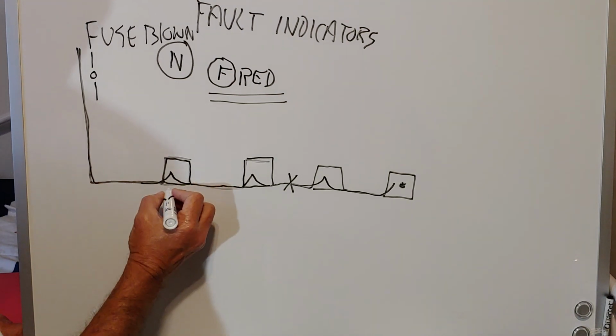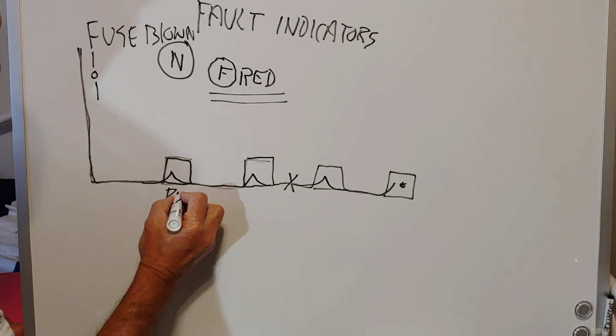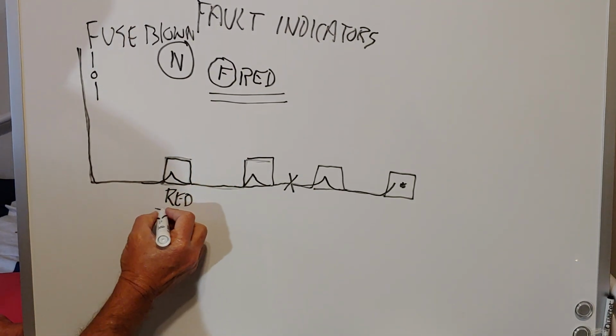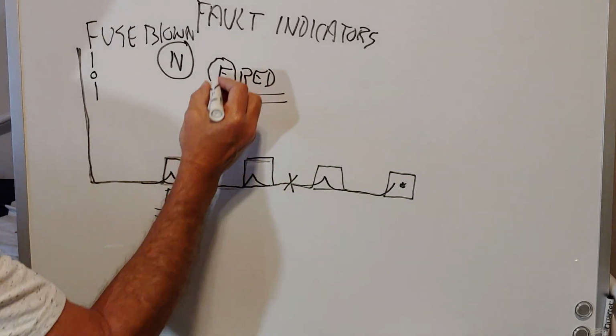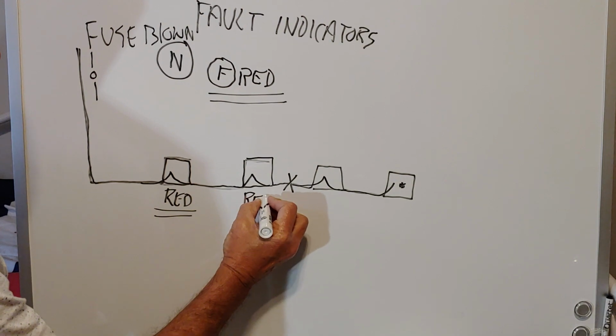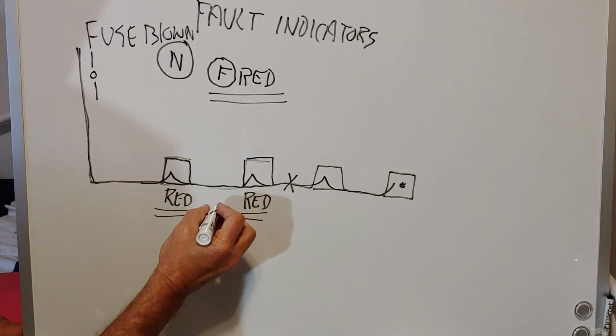When we go to the transformer, we're going to have a red flag in this transformer. The indicator is going to indicate red with F. In this transformer, we're going to have a red flag, F red indicator.